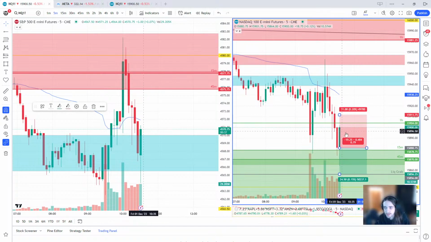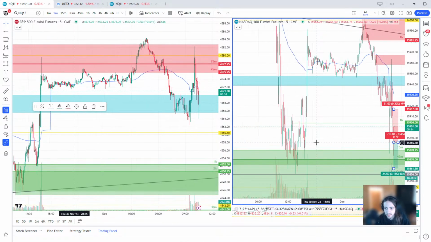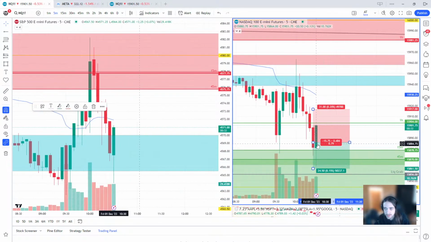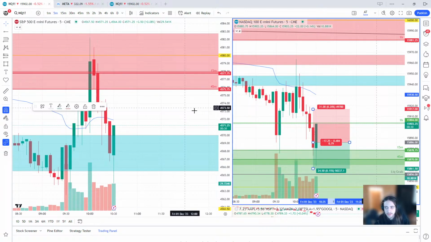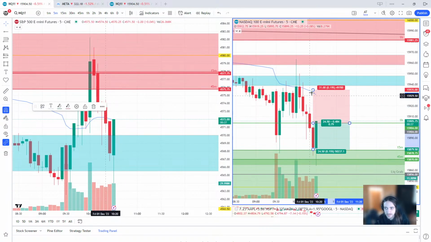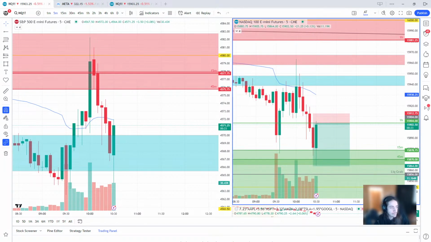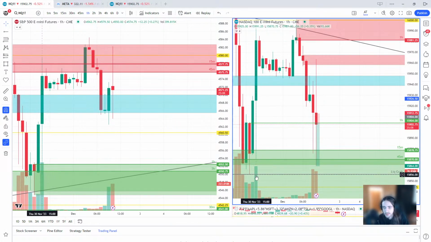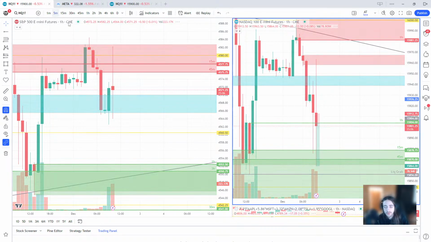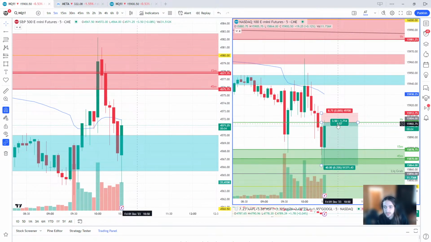Oh, maybe we get an entry at this demand zone, that 1 hour. I think it's broken now. Like an entry right there. Apple pretty strong. Equities are sort of trying to turn it around. I'm gonna wait and see if we do want to reject around here. No, that demand zone wasn't broken actually, so I'm gonna stay patient.